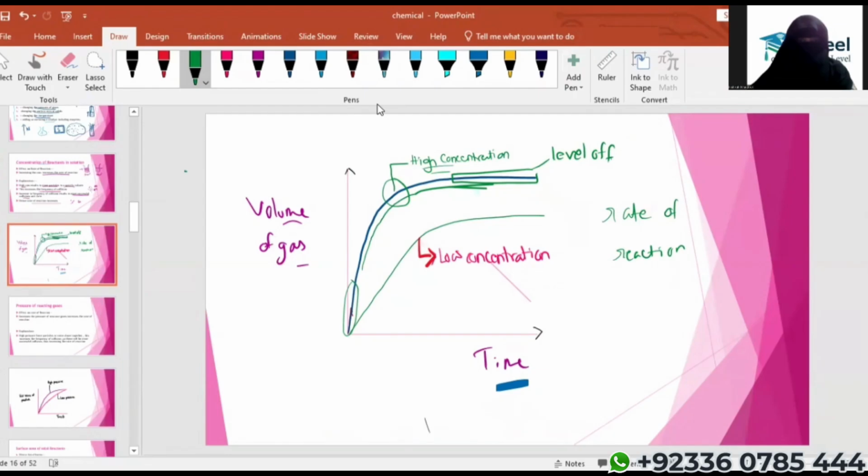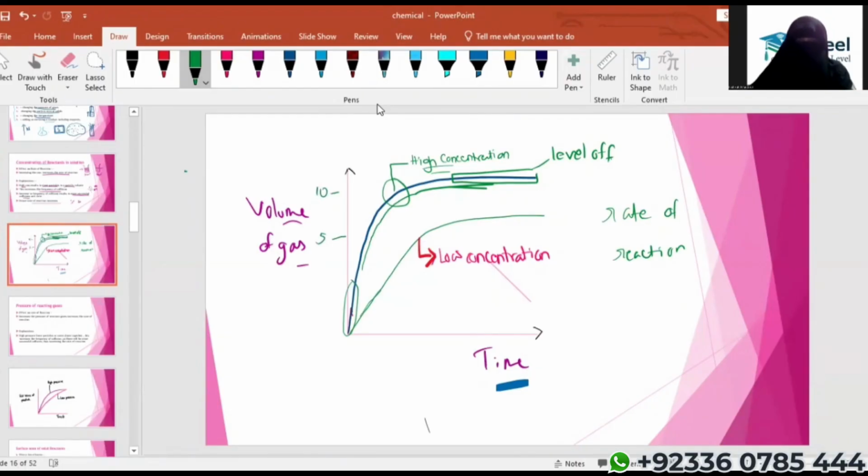On the other hand, if you see the graph for low concentration, you can see that the reaction is slower initially. And this is shown by the gradient of the graph, which is less steep. And it levels off at a smaller value. Let's say this is 5 and this is 10.